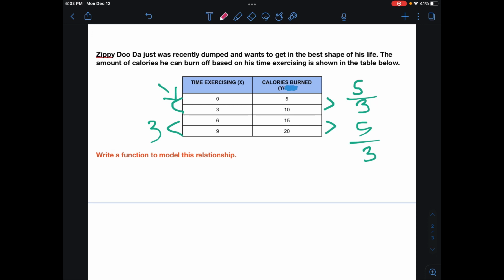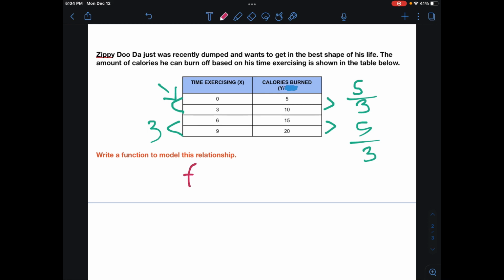So why does a change in y values over the change in x values matter? Because that is our slope. And in order for us to write this function, we need to have the slope.